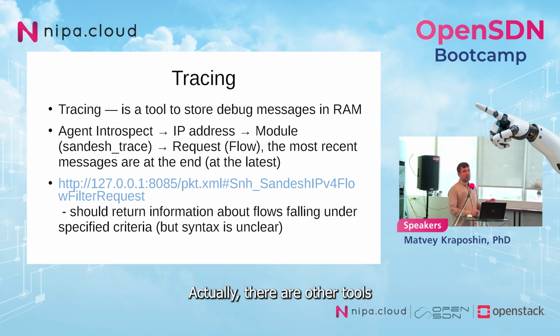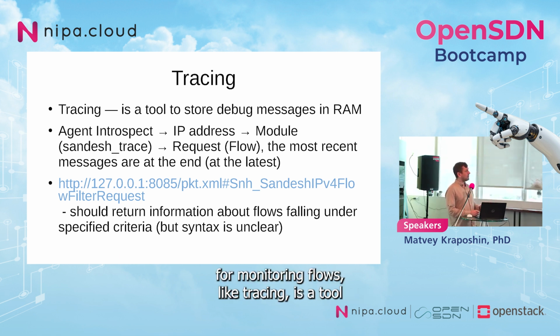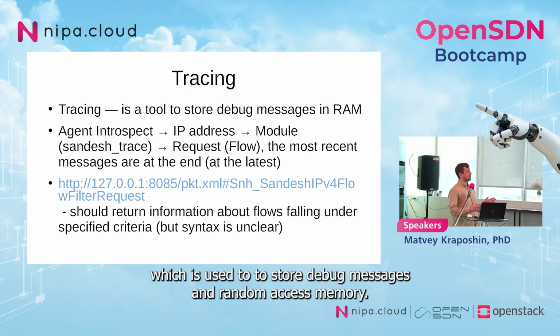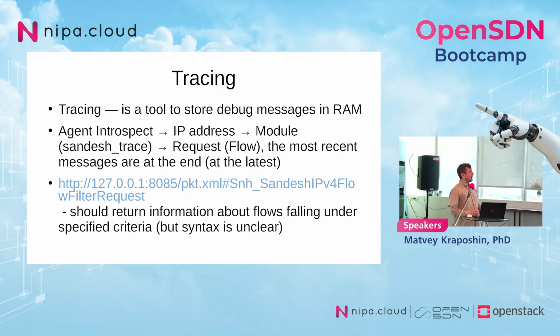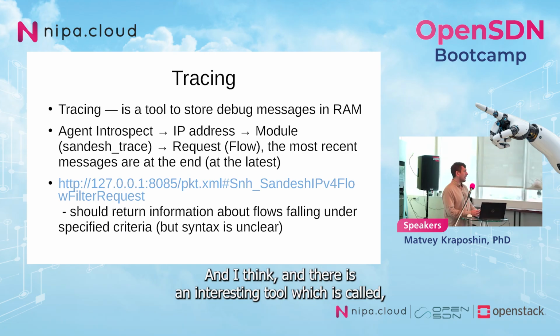Actually, there are other tools for monitoring flows. Tracing is a tool which is used to store debug messages in random access memory. We can use introspect, which we discussed previously.